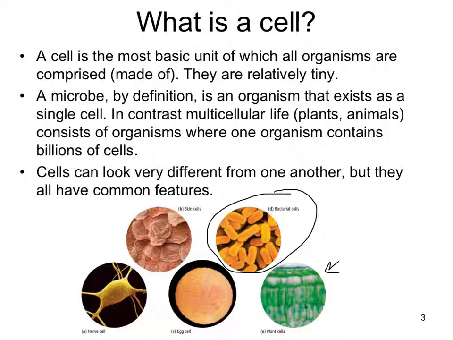So there's a high rate of turnover for the skin cell and a low rate of turnover for the very highly special neural cell. And the egg cell has its own particular design so that it can participate in reproduction. They're all very different looking, but they all have common features, as do all cells. That's what we're going to talk about now.